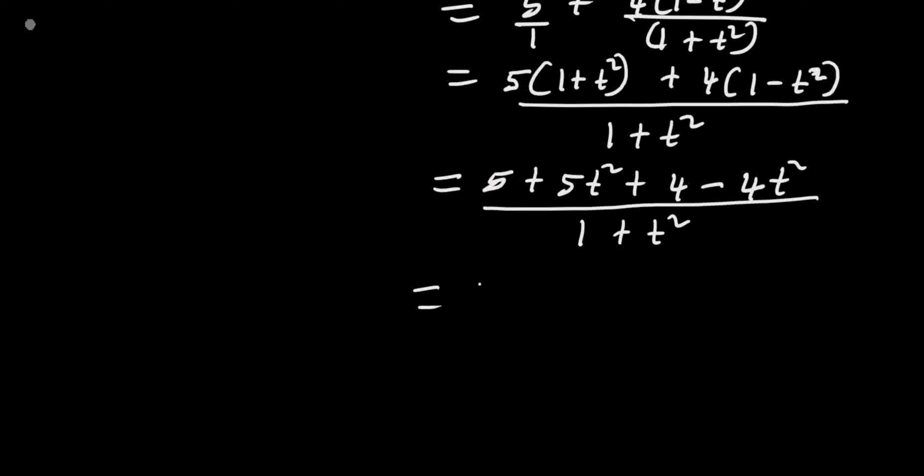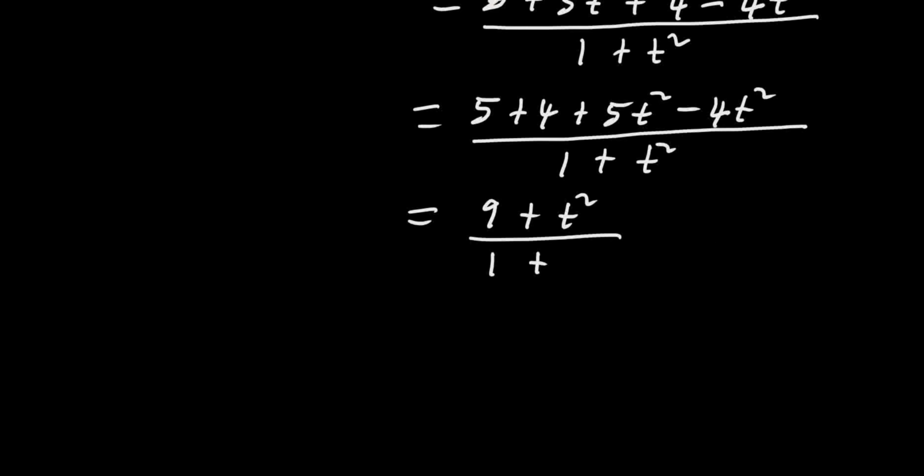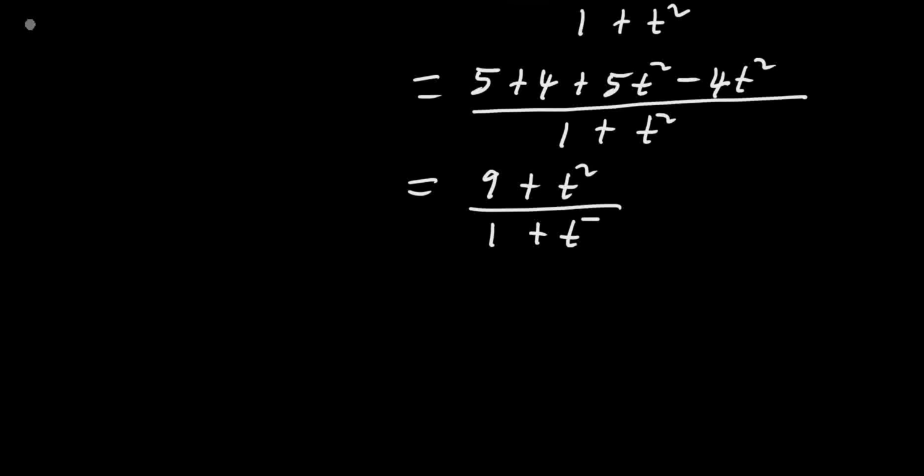So this will become 5 plus 4 plus 5t squared minus 4t squared over 1 plus t squared. And 5 plus 4 is 9, and 5t squared minus 4t squared will give us plus t squared, over 1 plus t squared. So this is the value.